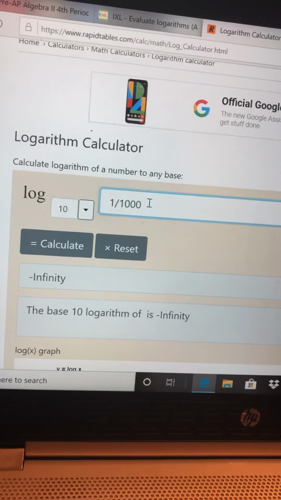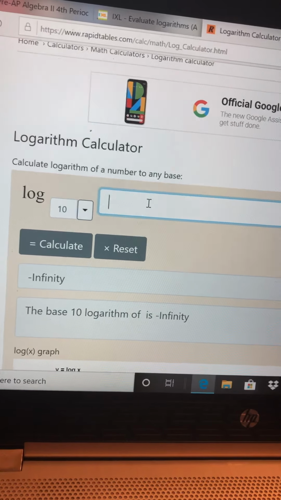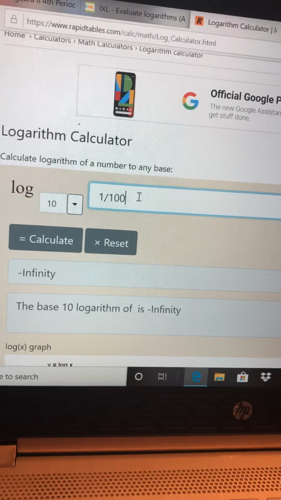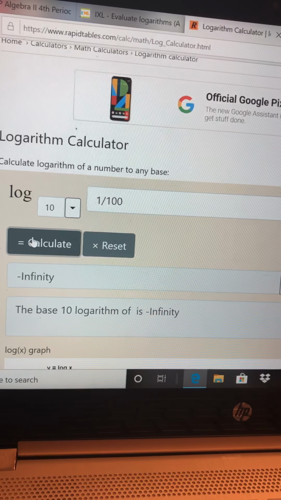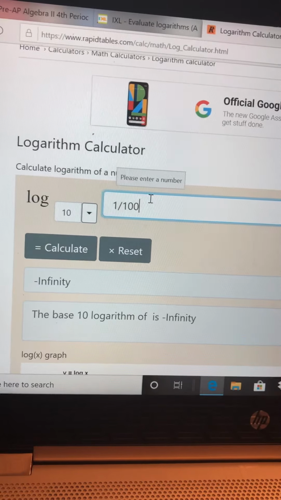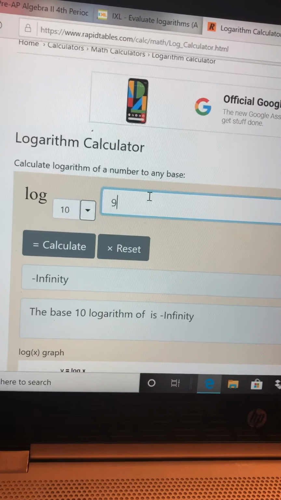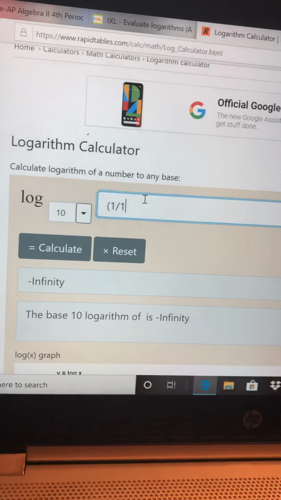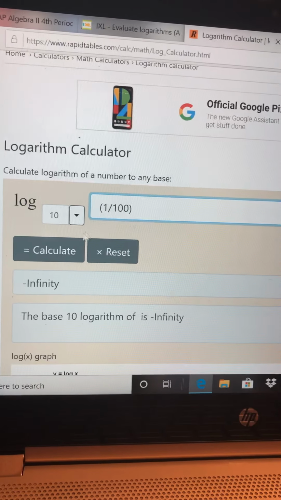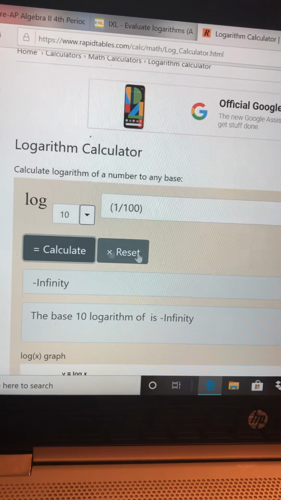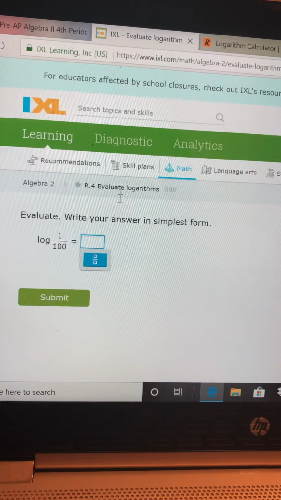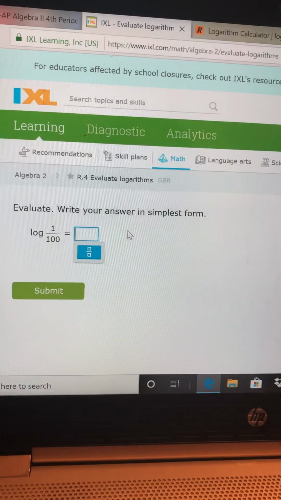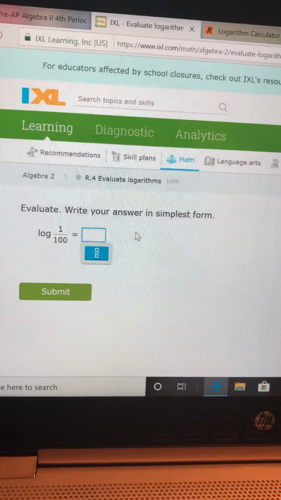Let's put parentheses around it. 1. Did I have 1,000 typed in there? Let's see. 10 squared is 100. I don't know why that was saying infinity.